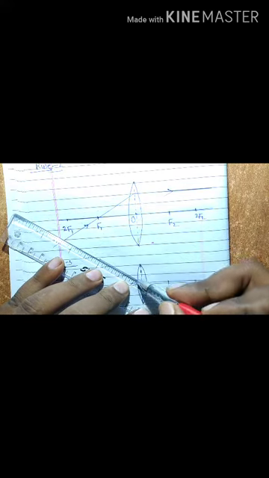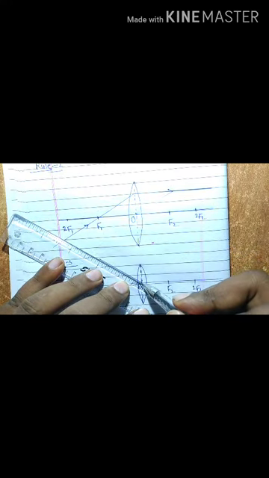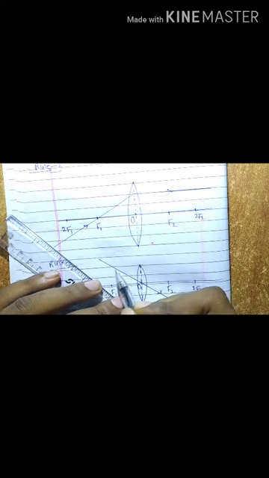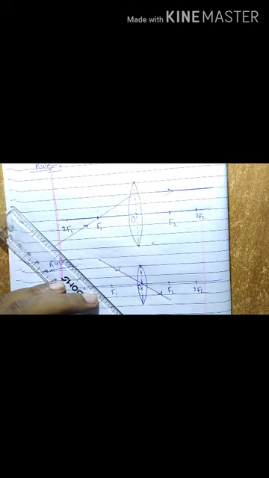But if they are passing from the optical center, the direction of the incident ray will not change. This is the incident ray, this is the refracted ray. There is no deviation in the incident ray. They will pass in a straight line. So this is rule number 3.